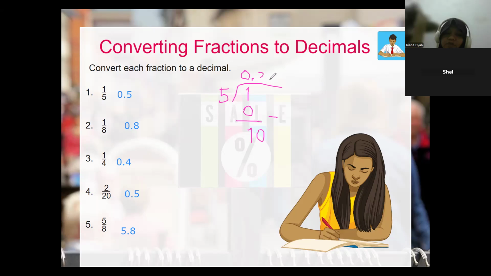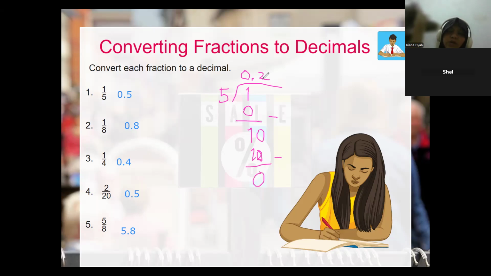Very good. 2 times 5 is 10. So 10 minus 10 is 0.